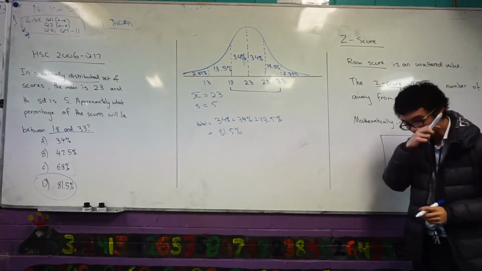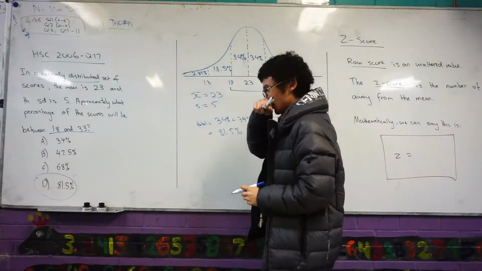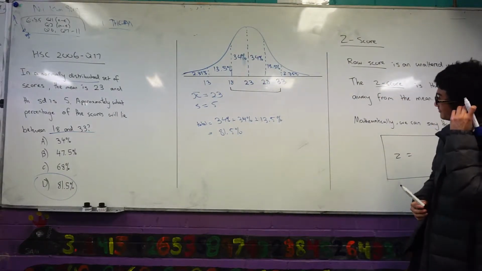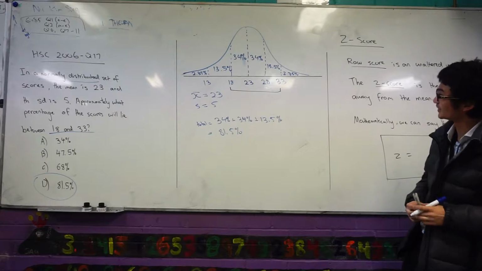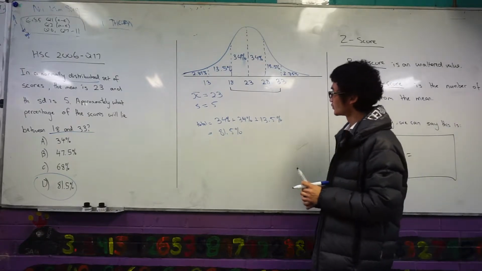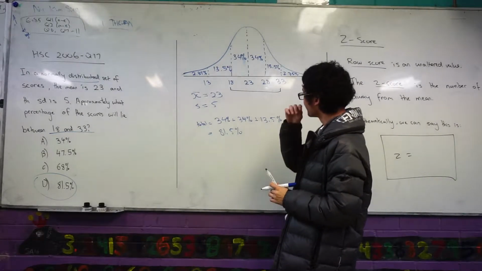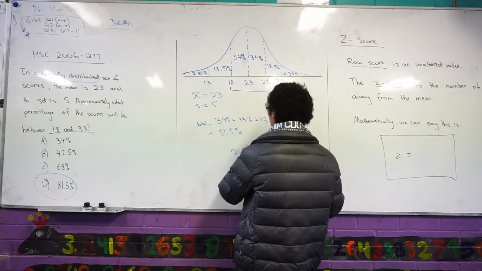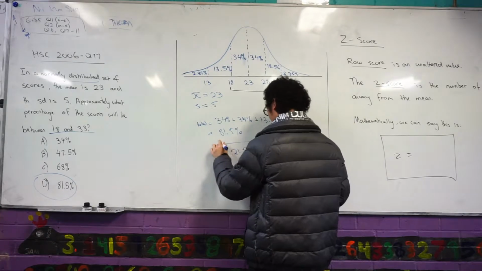Now, that's all well and good, but what if I said, what percentage of scores lie between 21.5 and 23? Could you answer that question?